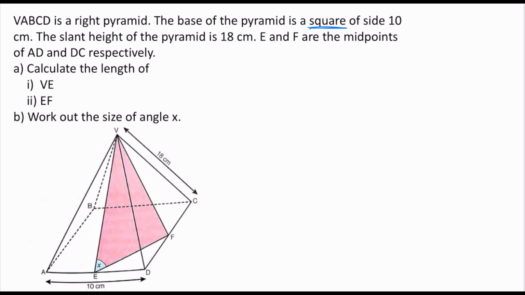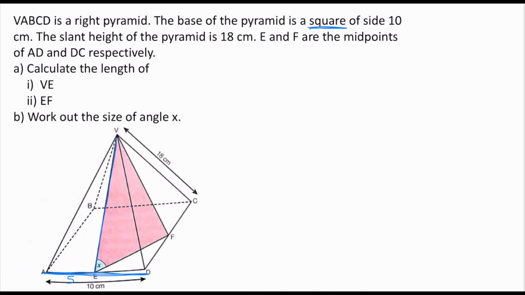So there is a lot going on here. The first thing we have to do is figure out VE and EF. So let's start talking about VE first. We know the entire side length here is 10. Because E is the midpoint, half of it is going to be 5.